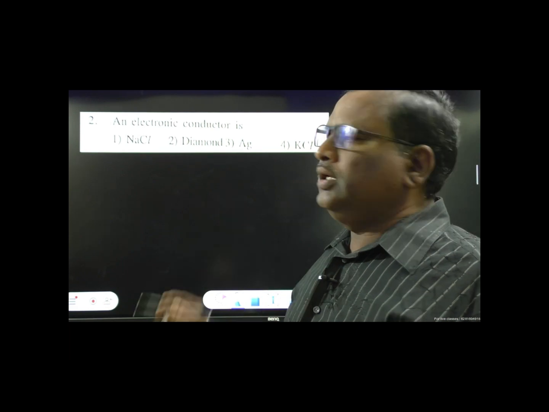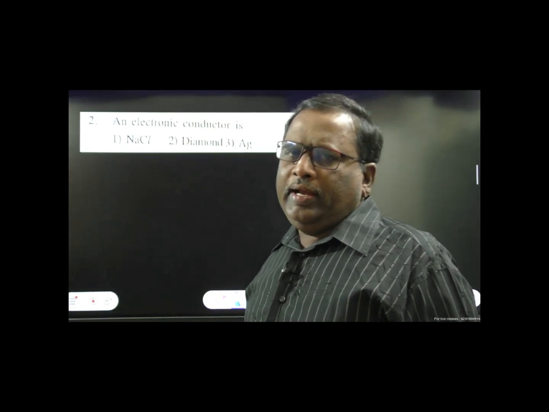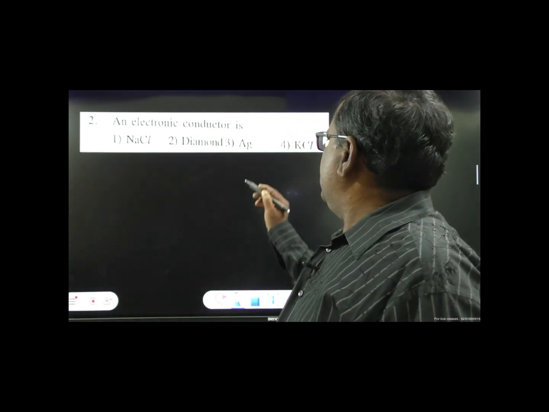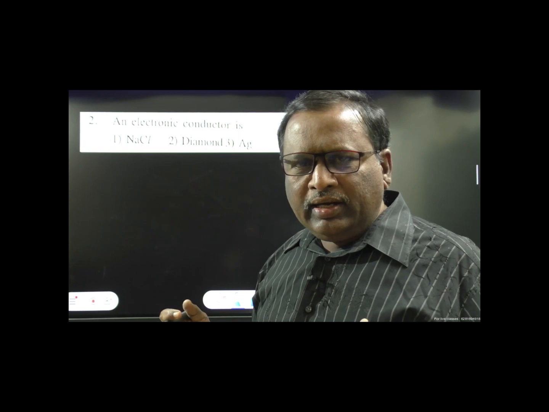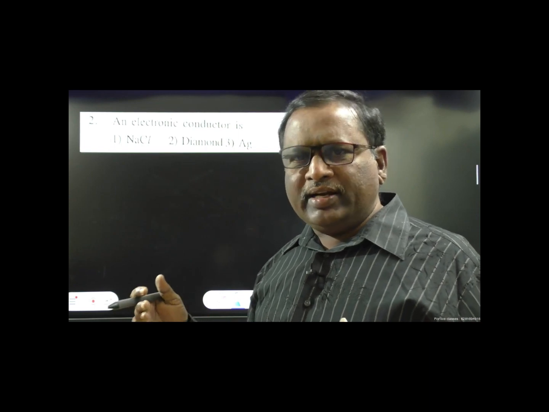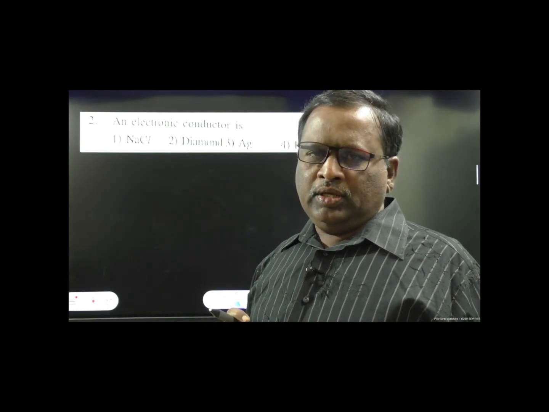Now the next question is, electronic conductor is. Here they are asking which is an electronic conductor. An electronic conductor is a conductor which can conduct electricity with the help of flow of electrons.